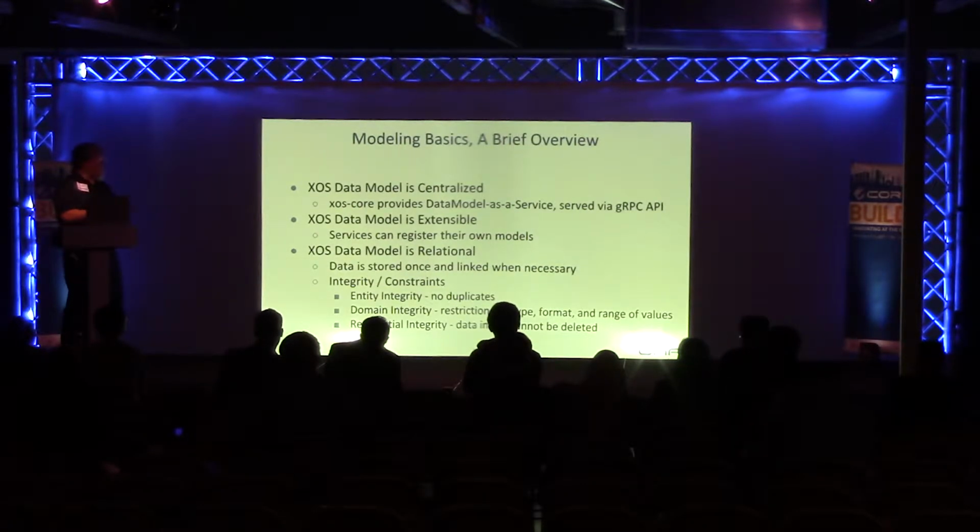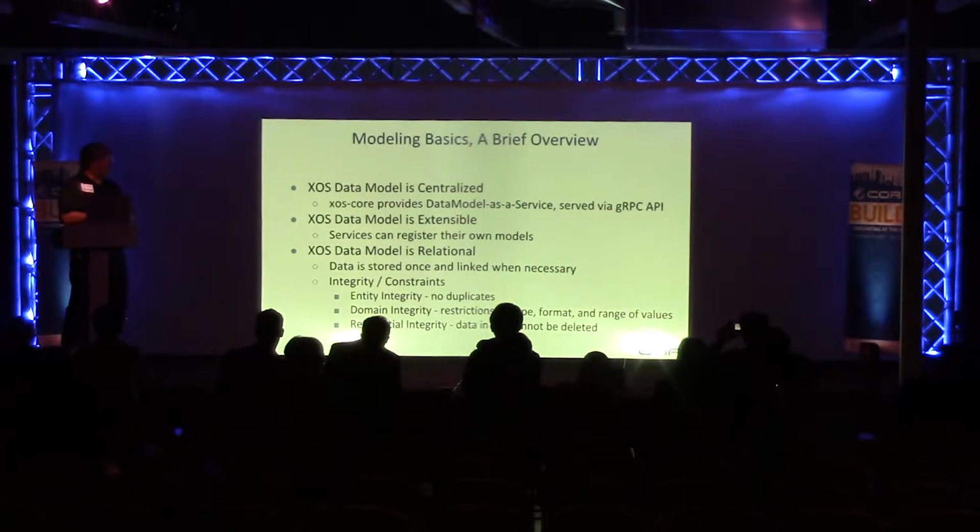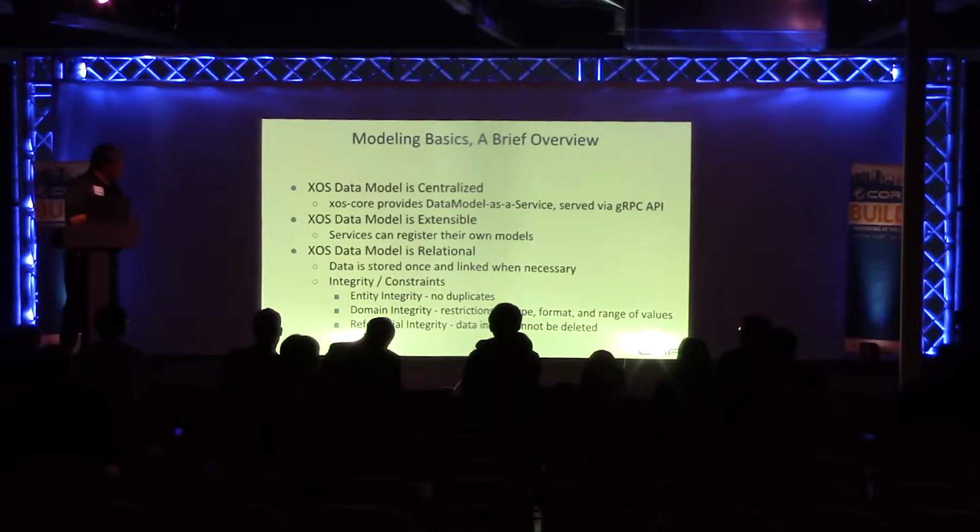So some basics about how XOS is designed. The XOS data model is centralized. We have a container called the XOS core container. That container, we like to think of it as providing data model as a service. It's going to handle all of your data model tasks for you and serve it up via gRPC API.